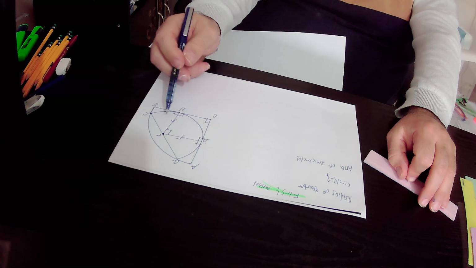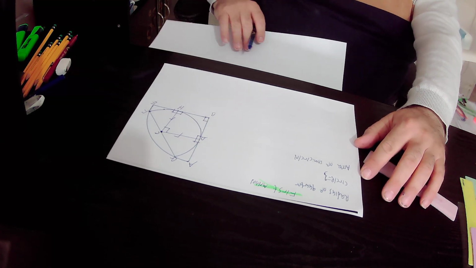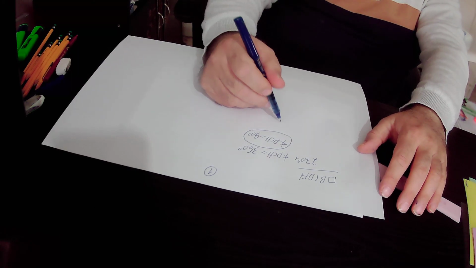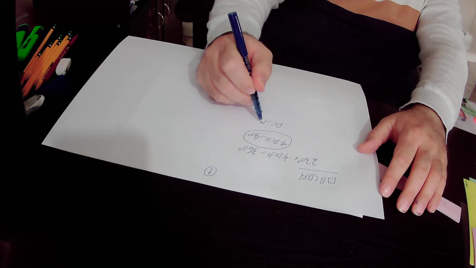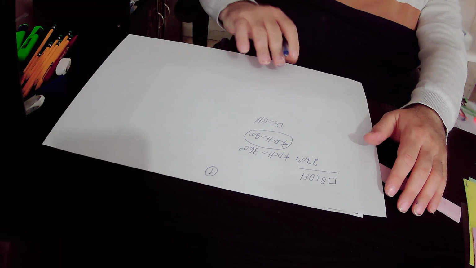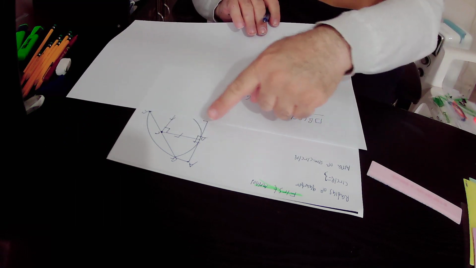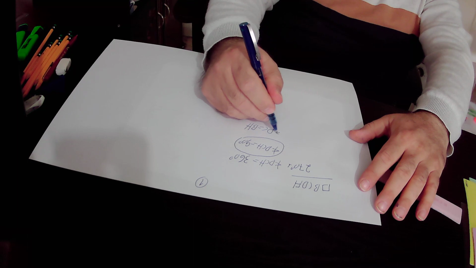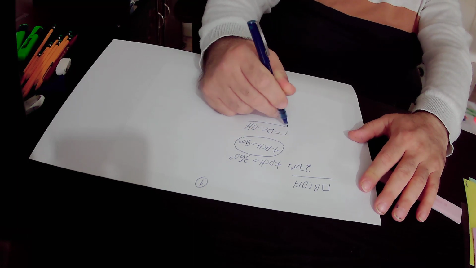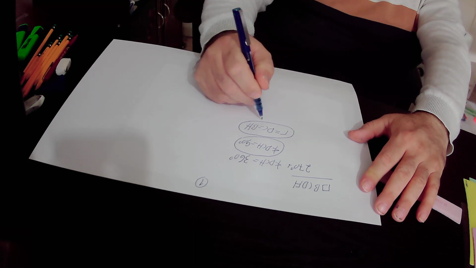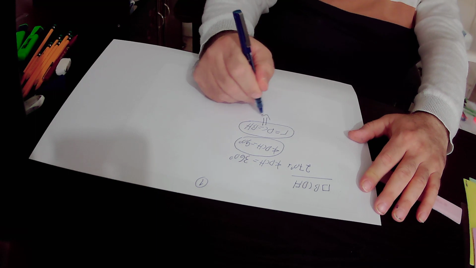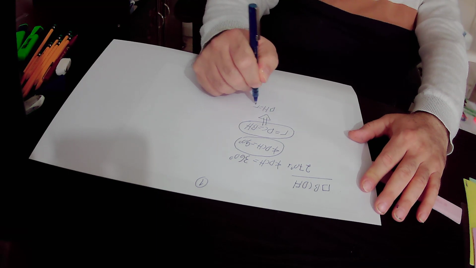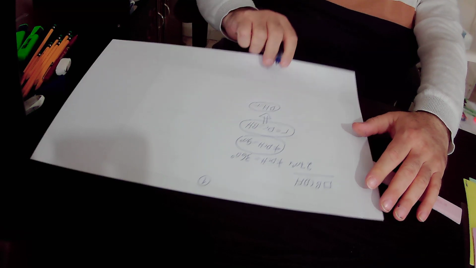That is to say, DC equals BH. But we know that DC is the radius of the semicircle, that is to say it equals R. From this equation, R equals DC equals BH, we derive that BH also equals R.